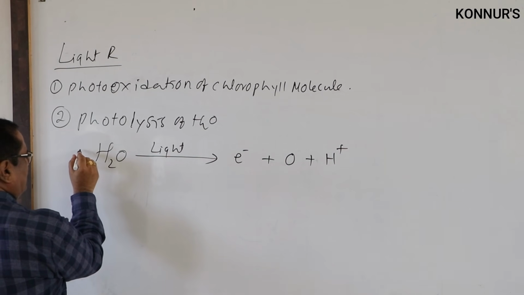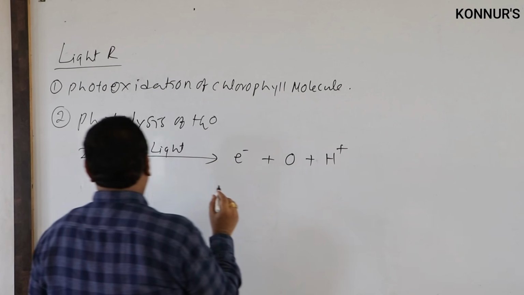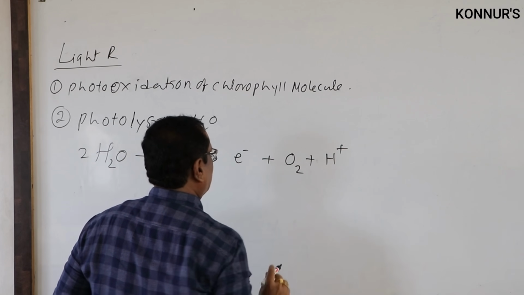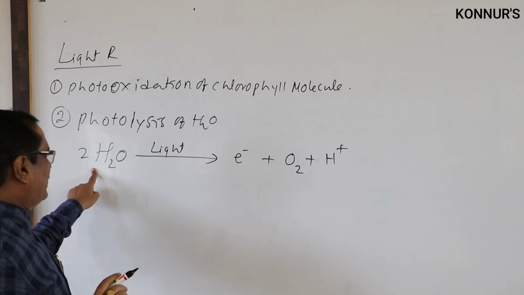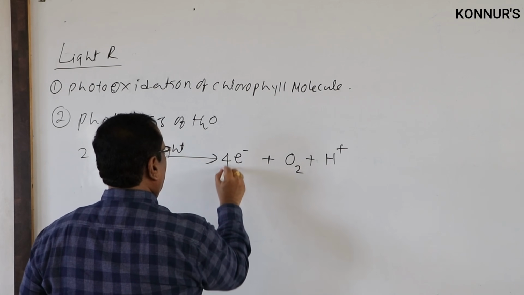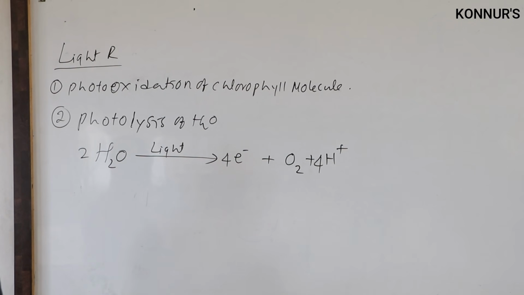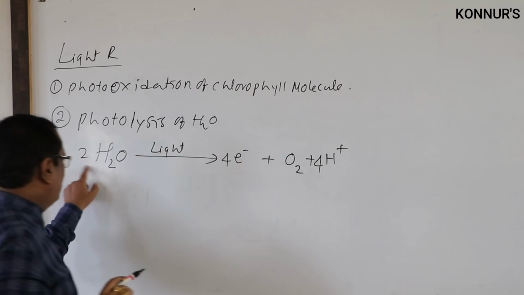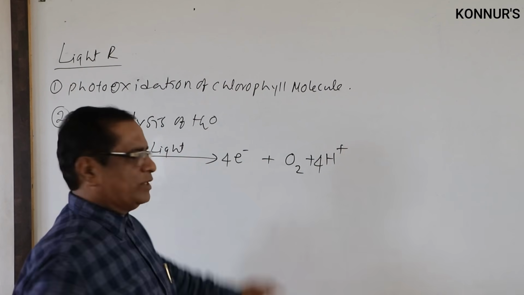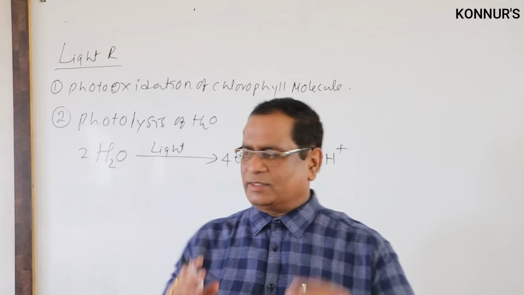To balance the equation, let me take 2 molecules of water, so that we get O2, and totally 4 electrons and 4 protons, together 4H. This is balanced. It is the equation for photolysis of water.